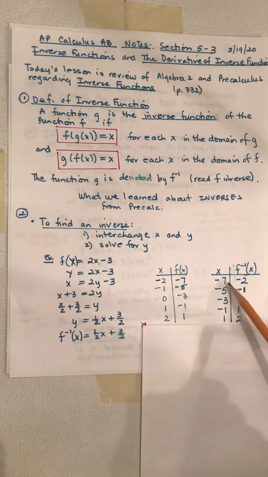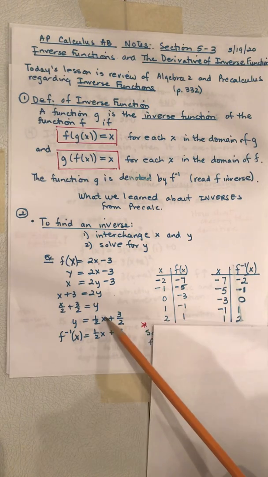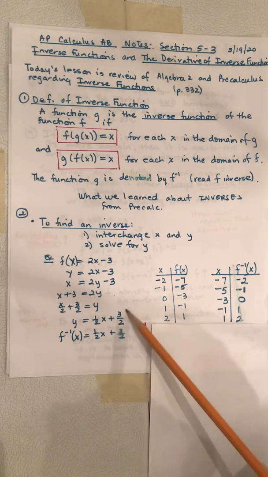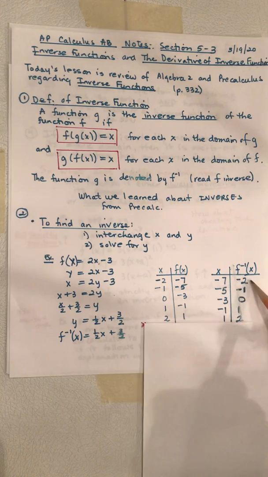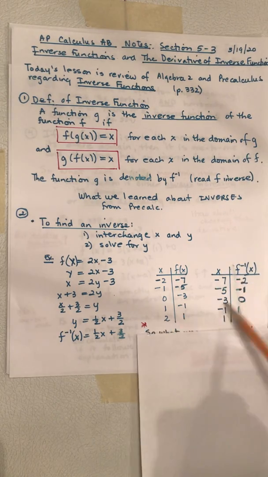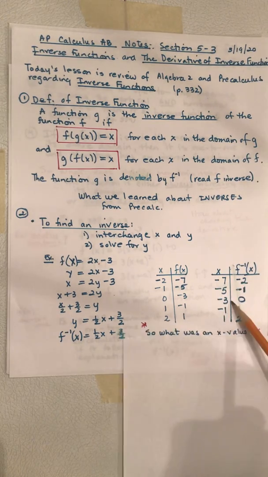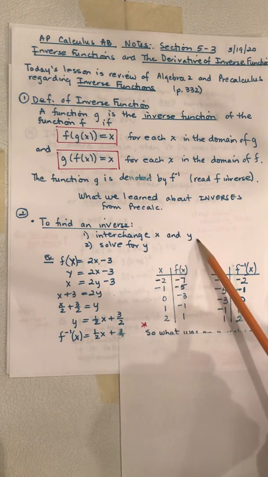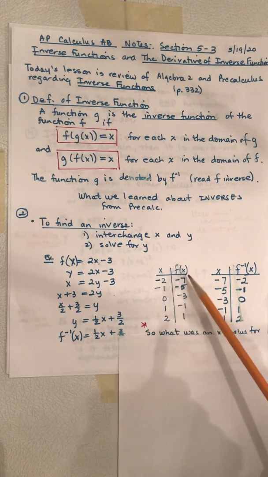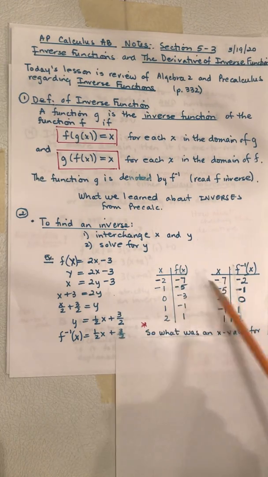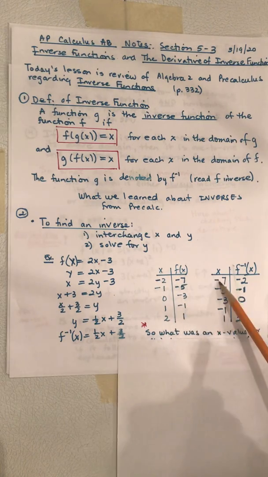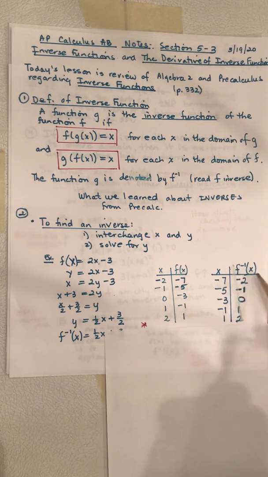So now, if I pick -7, I have -7/2 plus 3/2. That's -4/2, which is -2. I'm not going to go through these because the easy way to look at this is we just interchanged x and y. So every x and y over here gets switched. -2, -7 becomes -7, -2 for the inverse.